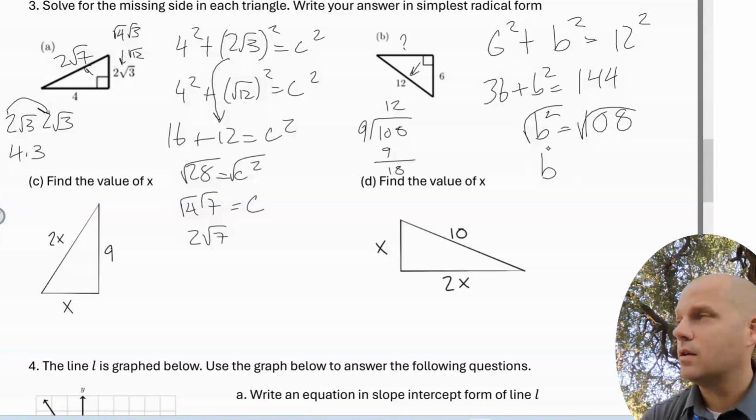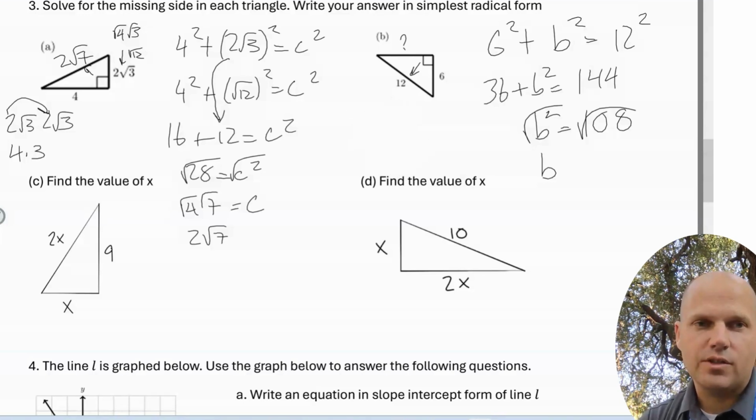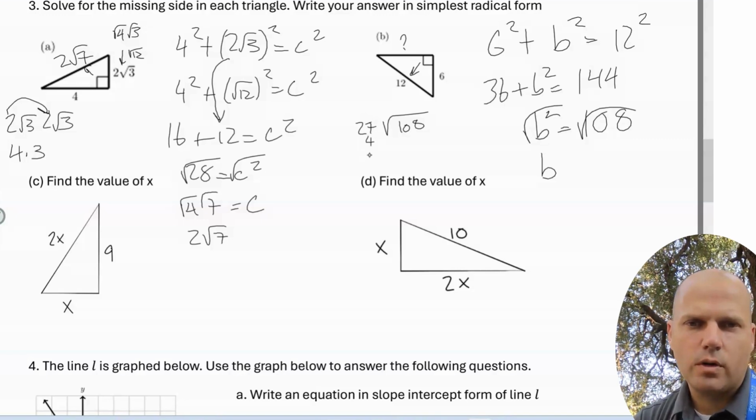Something more than 9. 27? 27 does. Tough. 27 times 4 is 108.